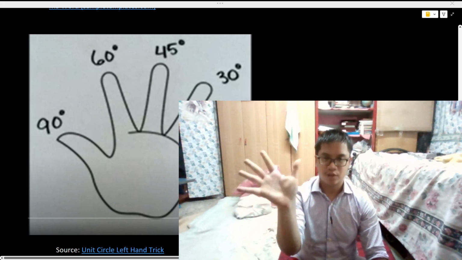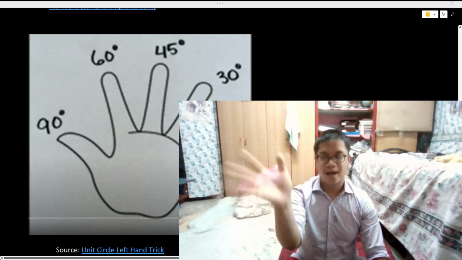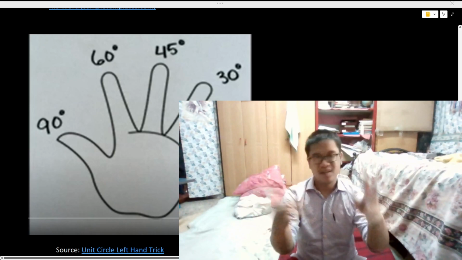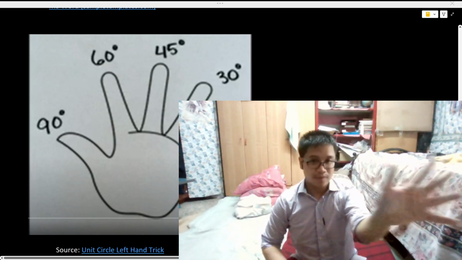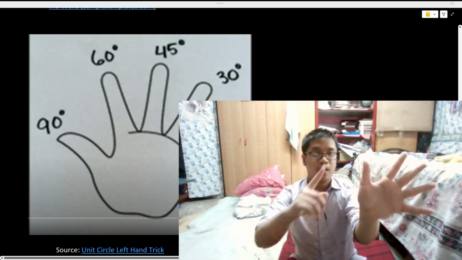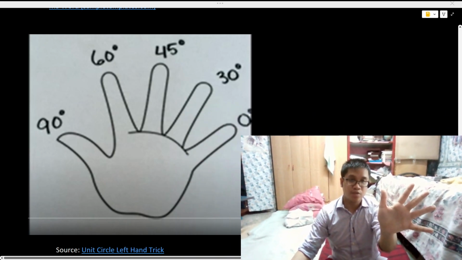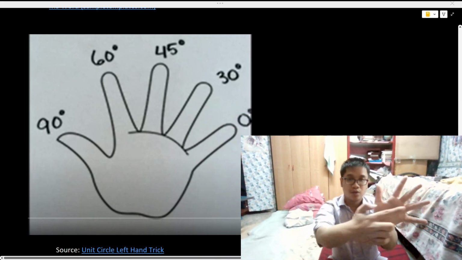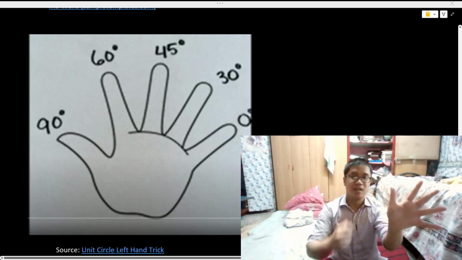Take a look at this one. Actually, they're the same. It's up to you. I'll just use this one because this is my left hand. This is 0 degree, just like what is mentioned in this picture. 0 degree, 30 degree, 45 degree, 60 degree, and 90 degree.